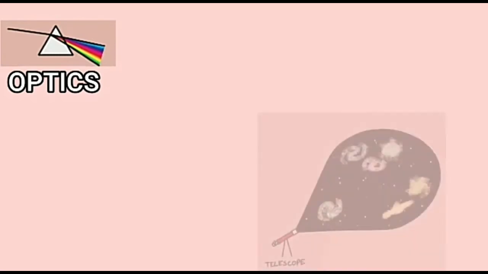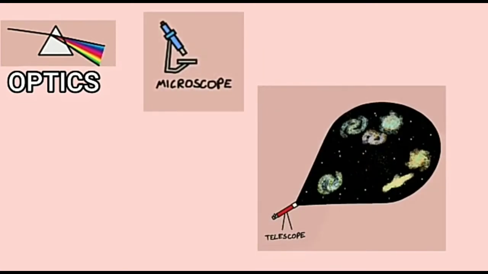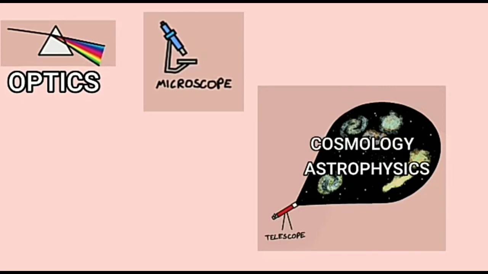It explains refraction seen in prisms and lenses, which are used to focus light in telescopes, microscopes, and cameras. Telescopes enable us to peer into the depths of space and observe the wide array of objects there, and develop astrophysics and cosmology.